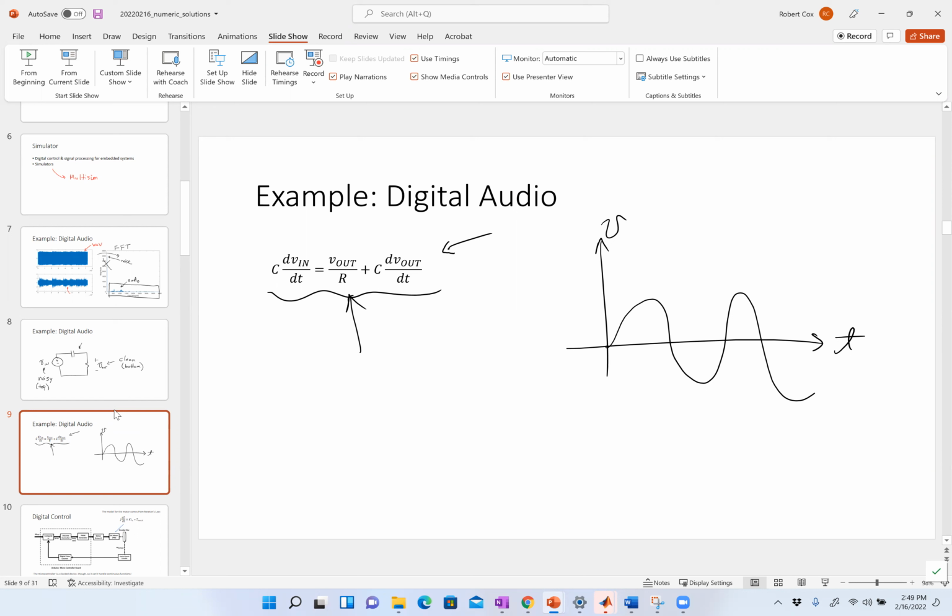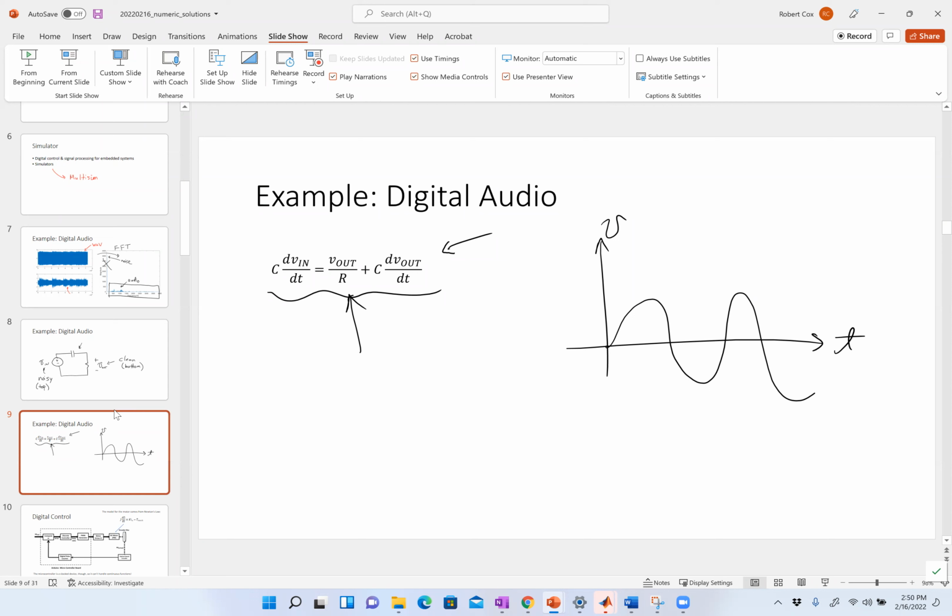So when you say continuous, how? The voltage varies continuously with time. So in analog, both the voltage and the time are continuous. In digital, both the value and the time are discrete. They're both stepped.